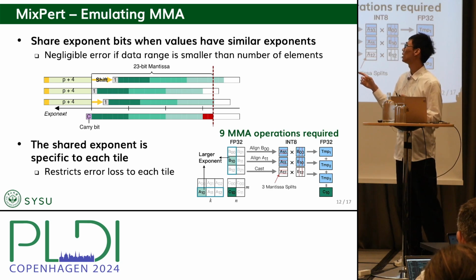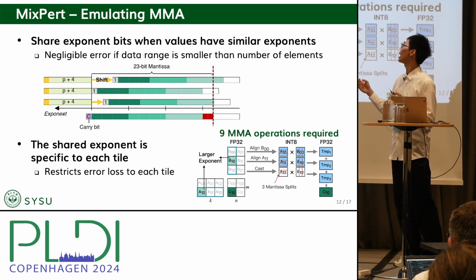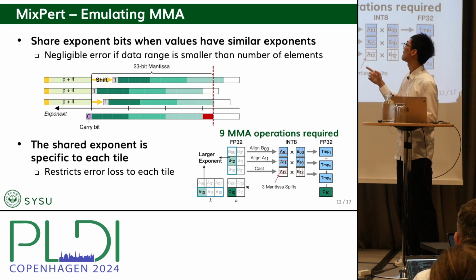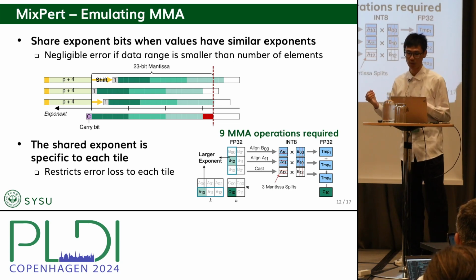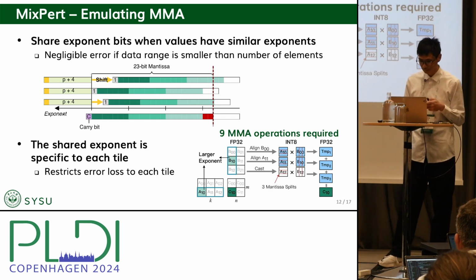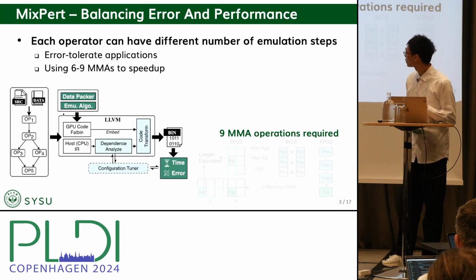After the shifting, we can share the same exponent bits of the numbers, and then we can compute the mantissa parts of the multiplication. And after doing it, we shift them back to represent the original FP32 values.